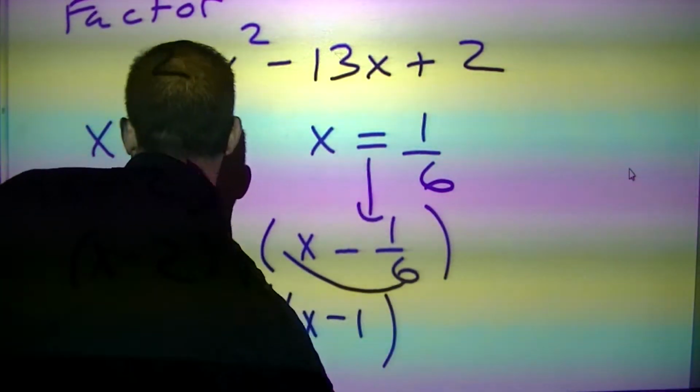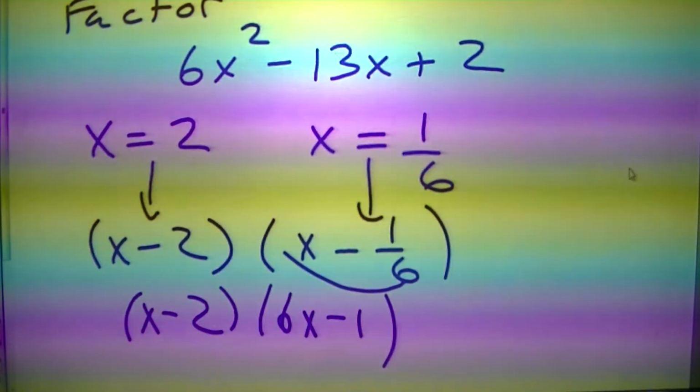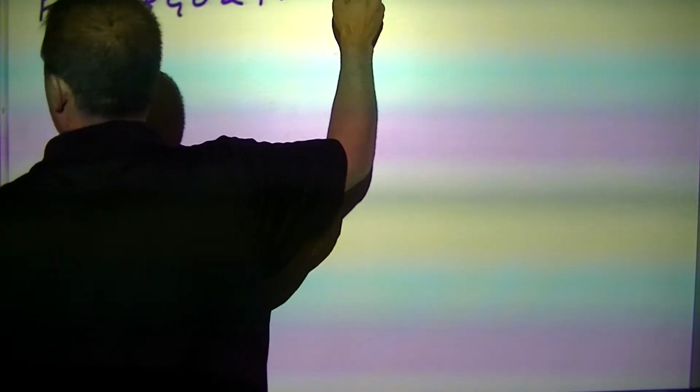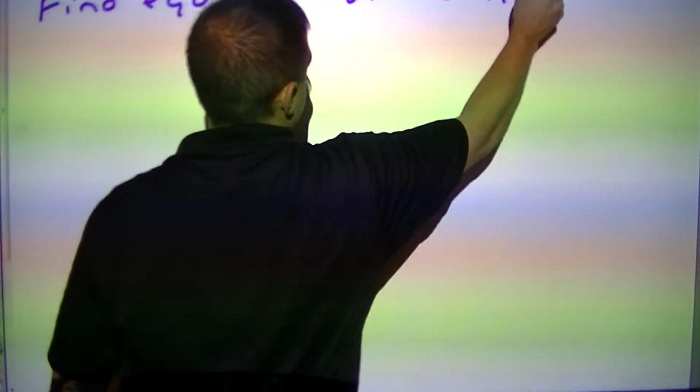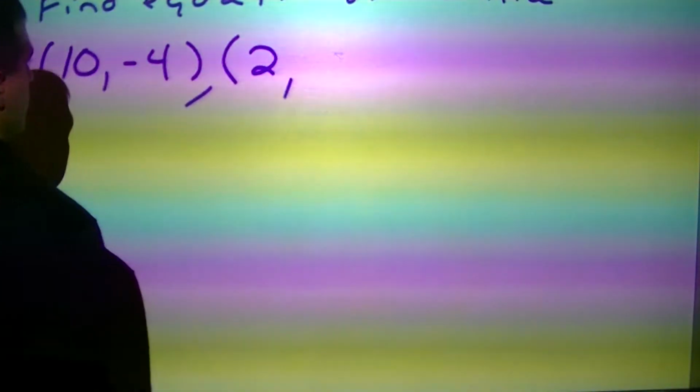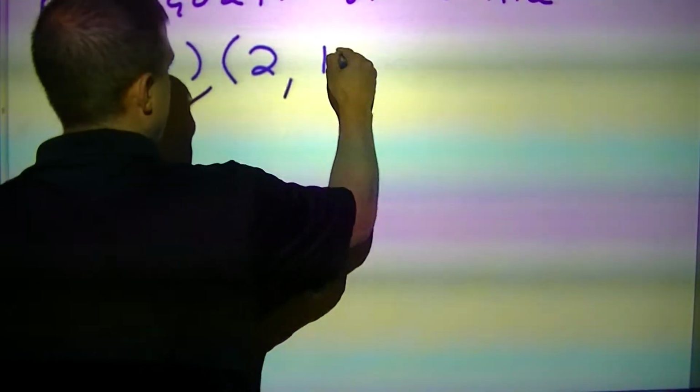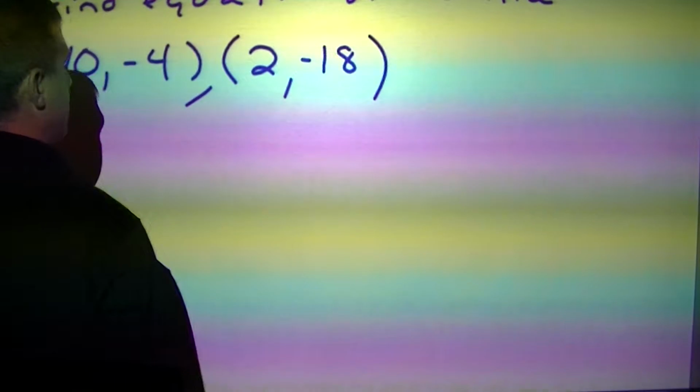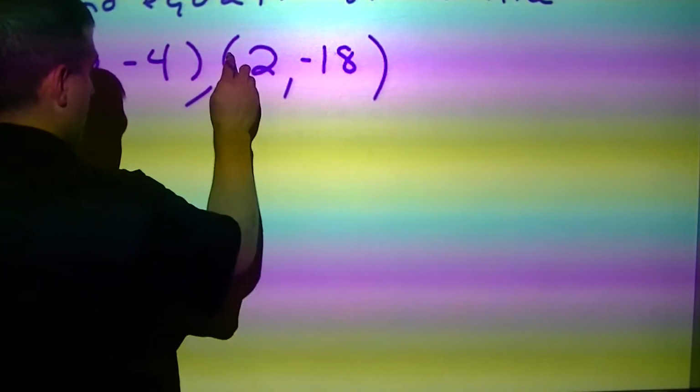The next stuff is finding equations. Find the equation of a line. I'm going to start out with an example like this: 10, negative 4, to, let's say, negative 18, negative 2.